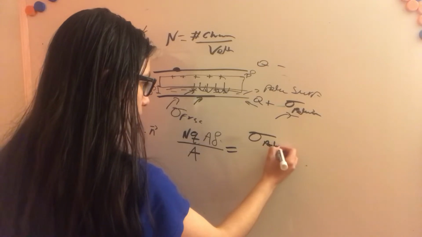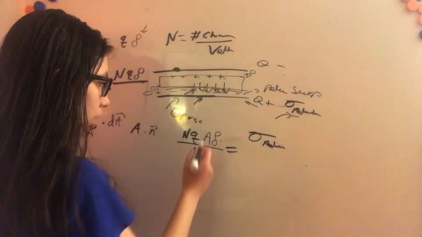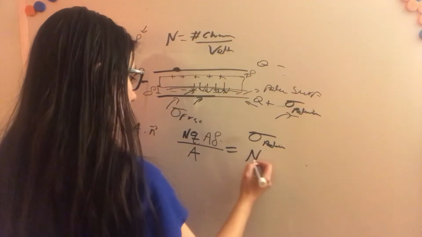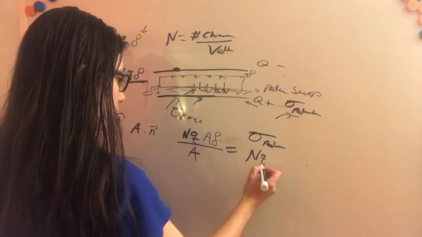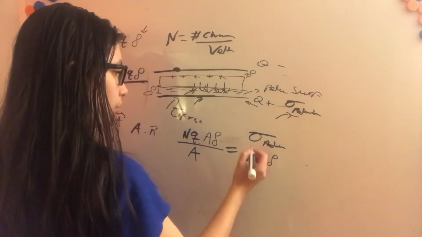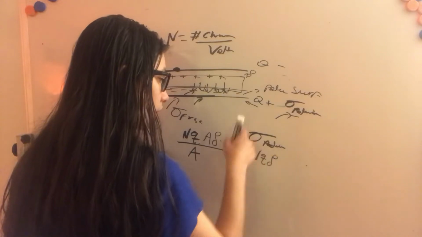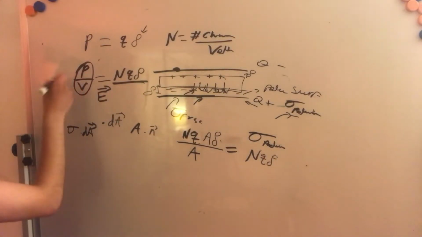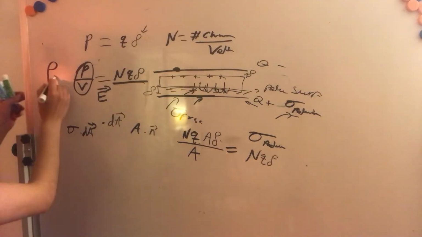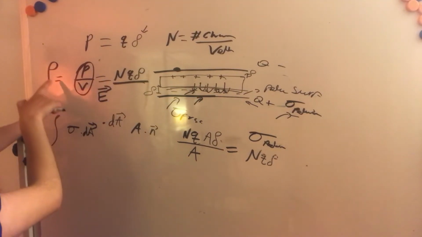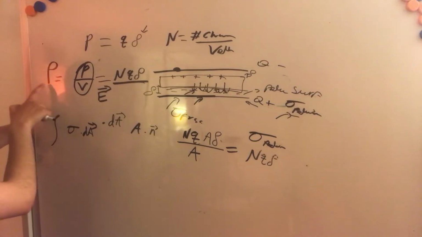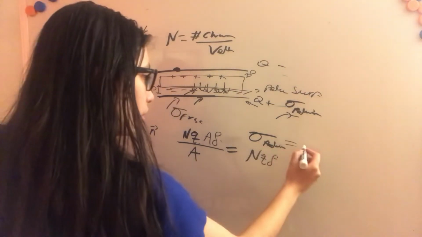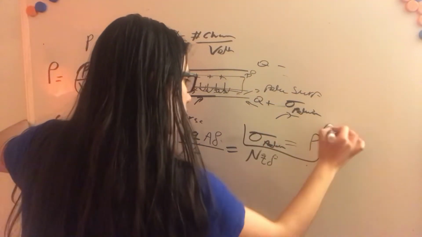In this case it would be the polarized charge density, that is equal to n times Q times D. So the surface polarized charge density is exactly the same as, let me call this big P, the electric dipole moment per volume. So this is exactly the same.